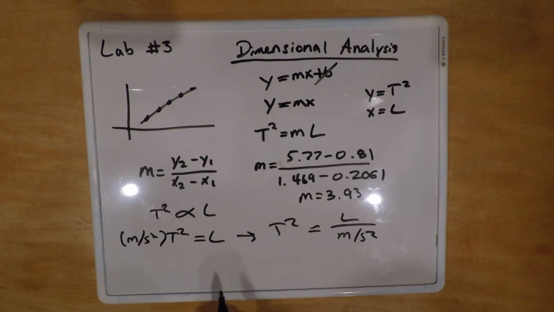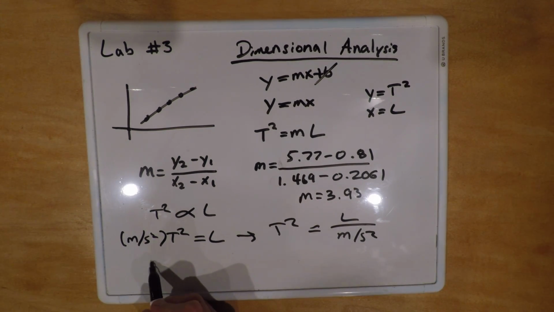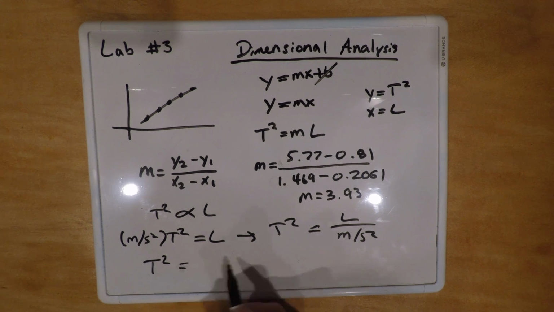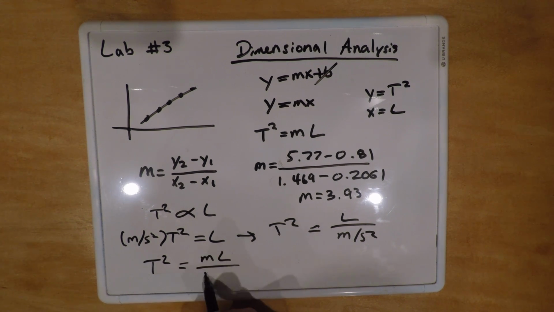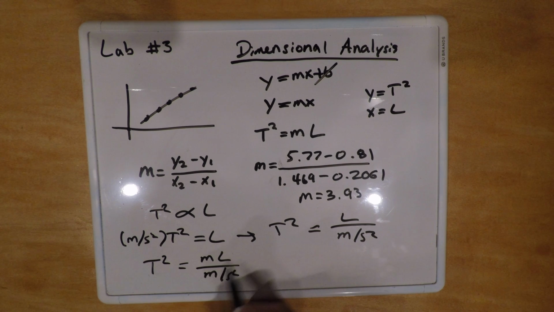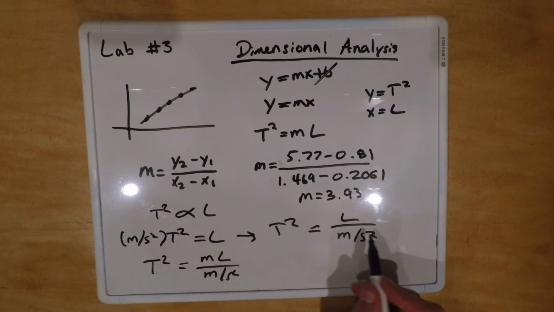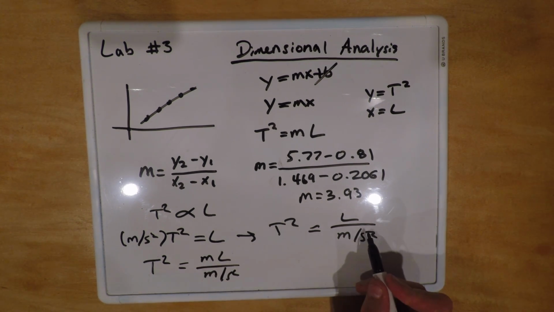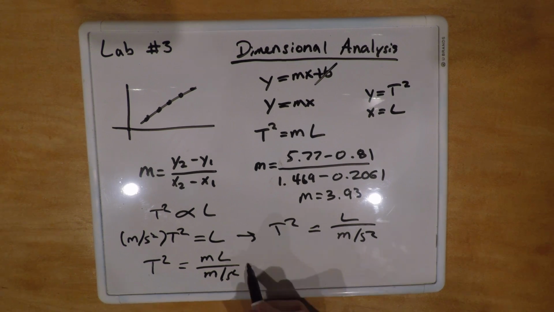And now we're going to go back into our original equation here and say that t squared equals m times L over meters per second squared. And now we're going to plug in our slope, and we're going to plug in the actual acceleration of gravity in a way that cancels out the units.